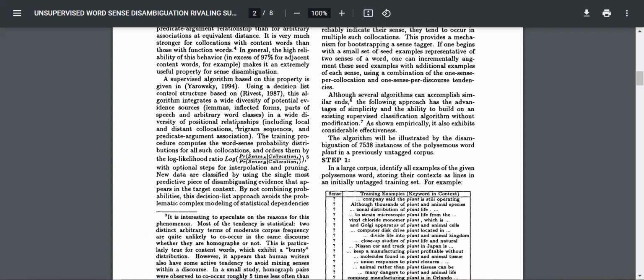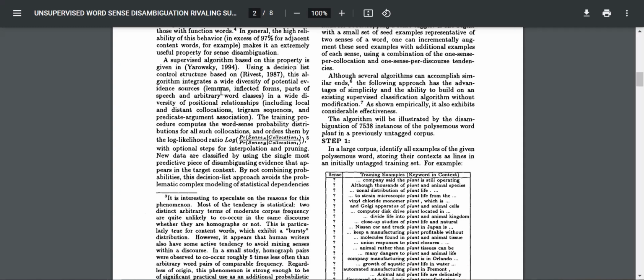This algorithm integrates a wide diversity of potential evidence sources, lemmas, inflected forms, parts of speech, and arbitrary word classes in a wide diversity of positional relationships, including local and distant collocations, trigram sequences, and predicate argument associations. So they've just mentioned previous works which have used this property and what they were based on.